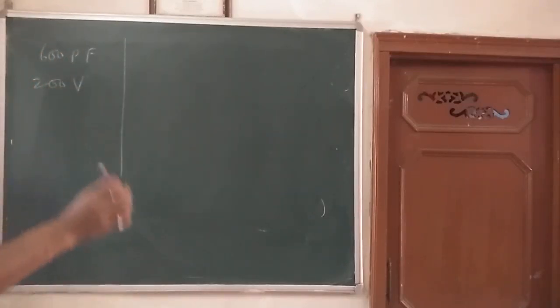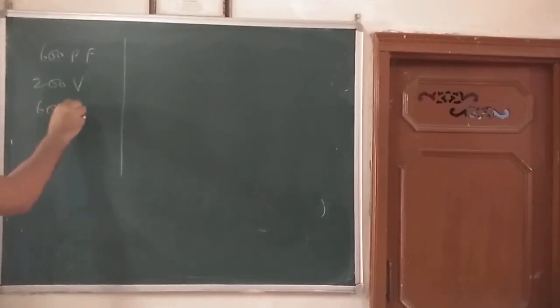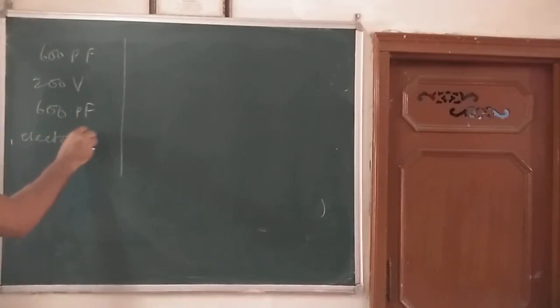It is then disconnected from the supply and is connected to another uncharged 600 picofarad capacitor. How much electrostatic energy is lost during this process?